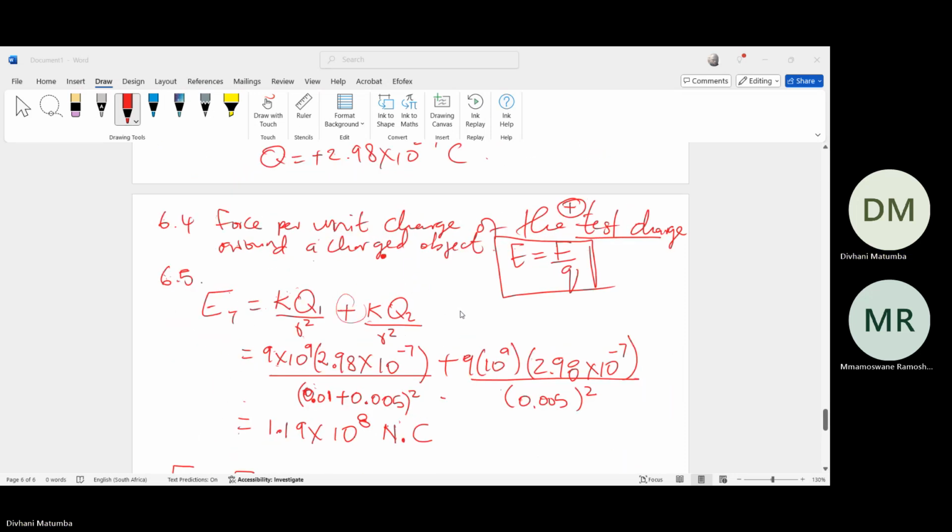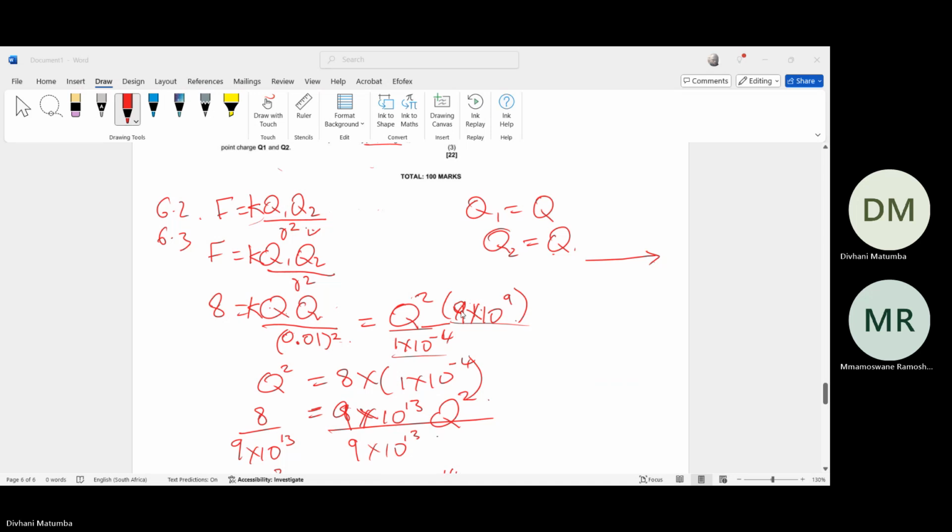Can you state Newton's second law? Newton's second law states that when a resultant or net force acts on an object, the object will accelerate in the direction of the force at an acceleration that is directly proportional to the force and inversely proportional to the mass of the object. Okay, that's perfect.